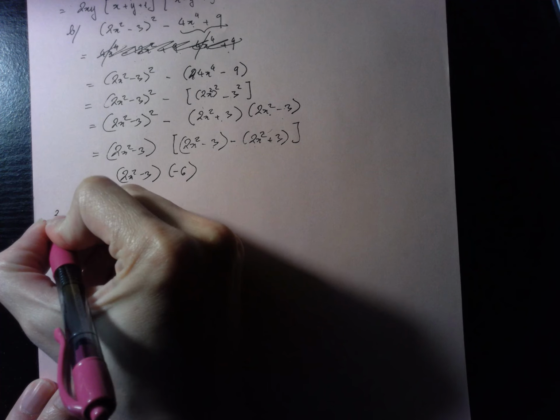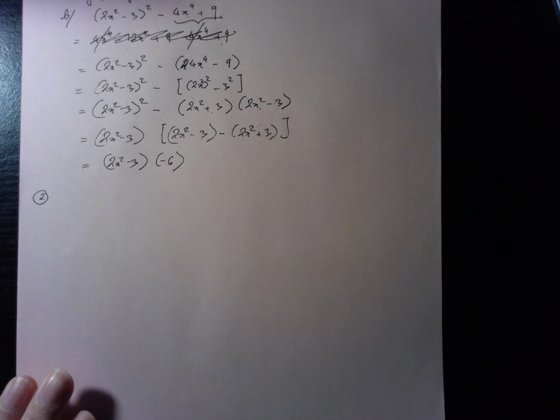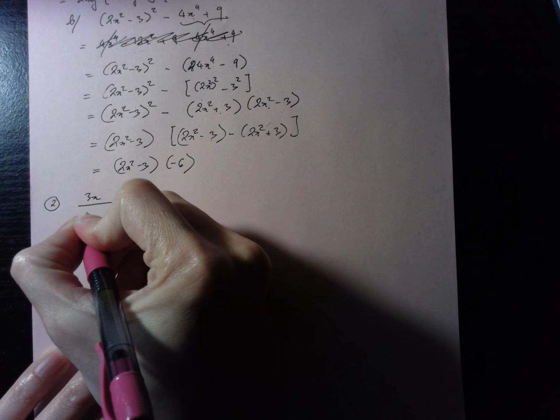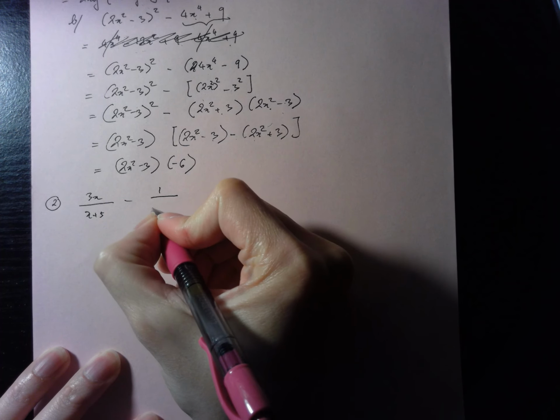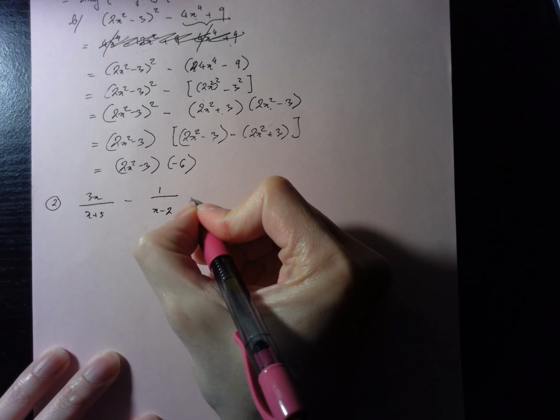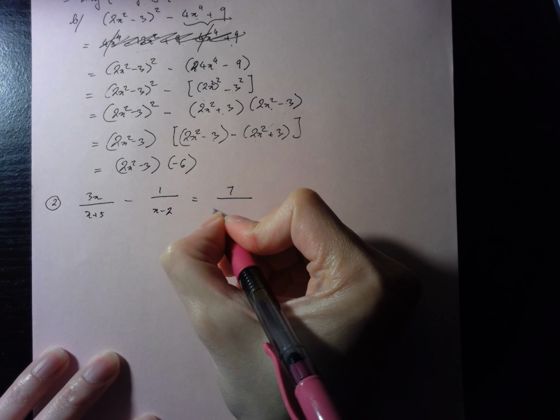So for number 2, number 2 is a very typical example of a rational equation. All you have to do is find the LCD, and I realize that a lot of students still have trouble finding the least common denominator.